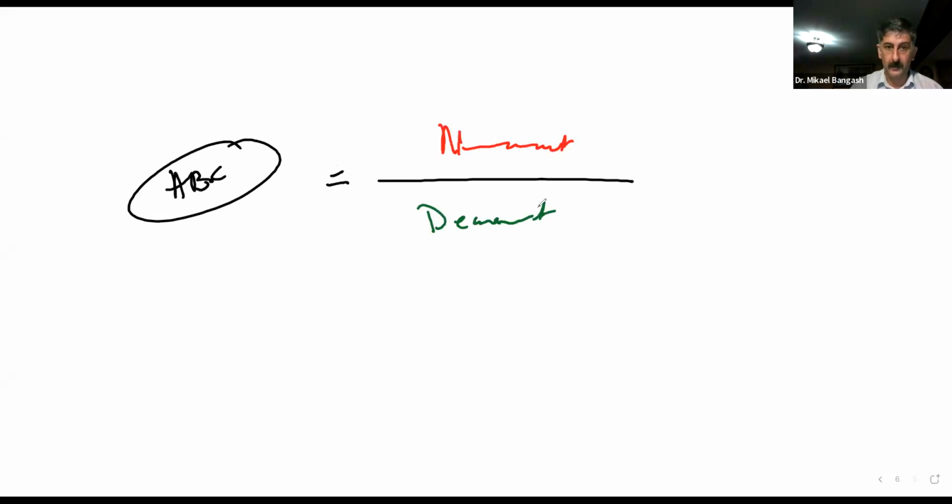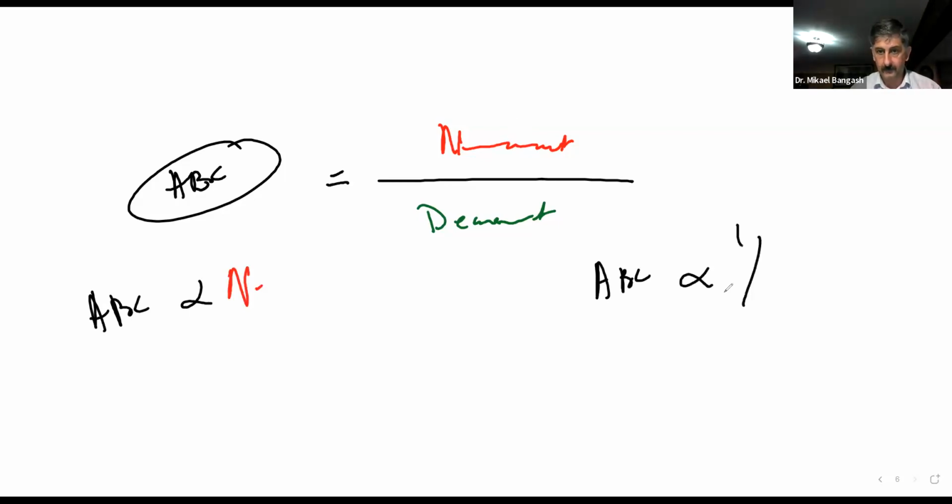The common concept, ladies, is that ABC is directly proportional to the numerator, and ABC is inversely proportional to the denominator.